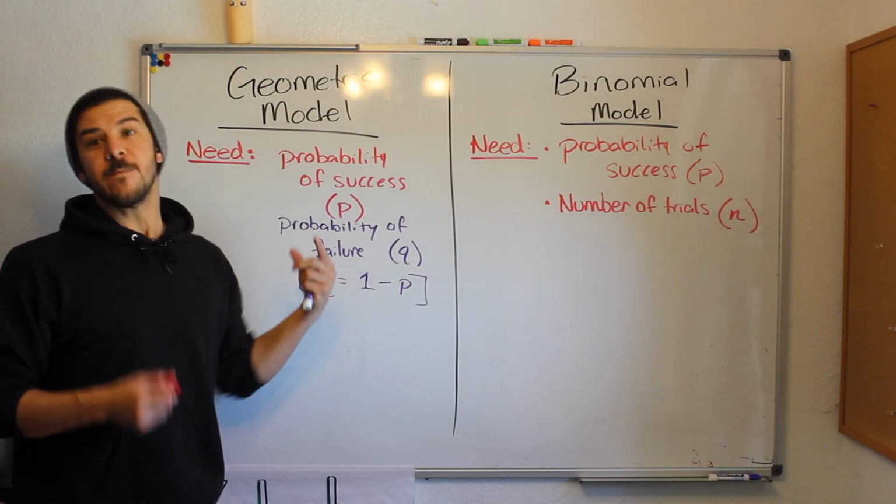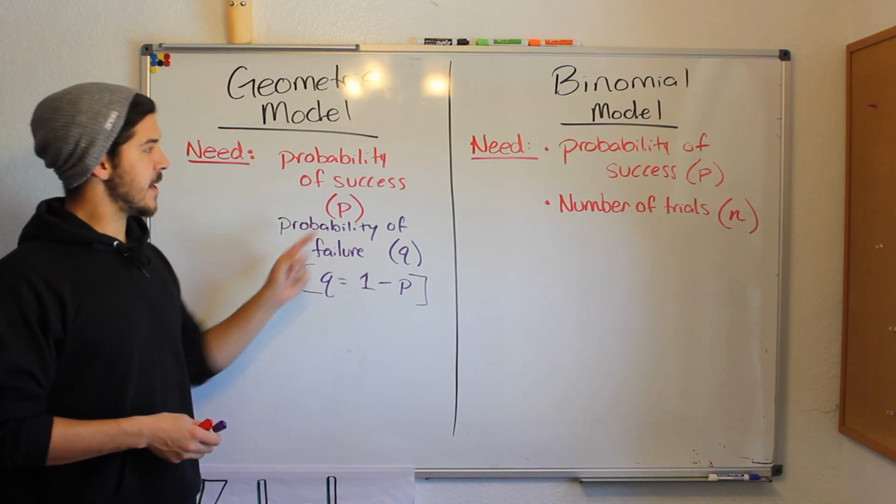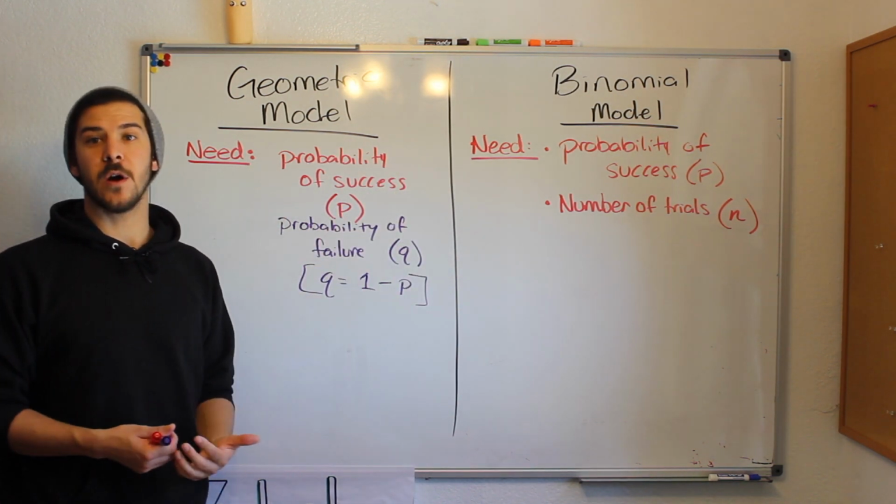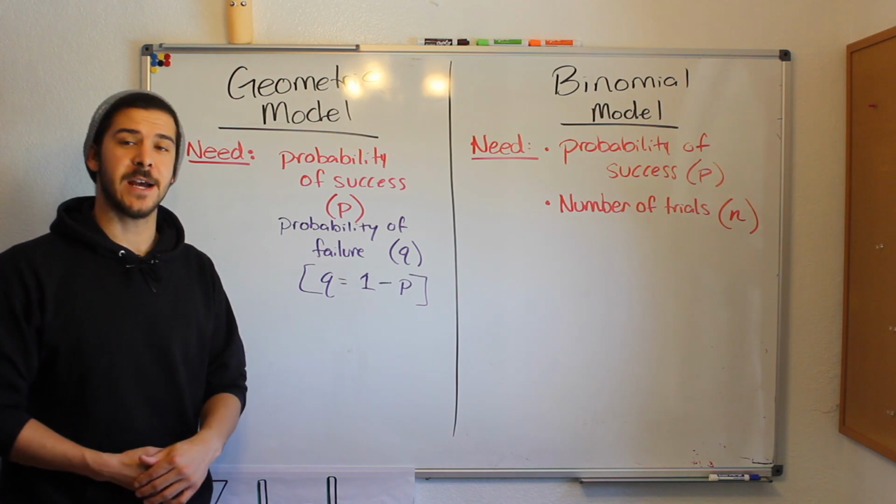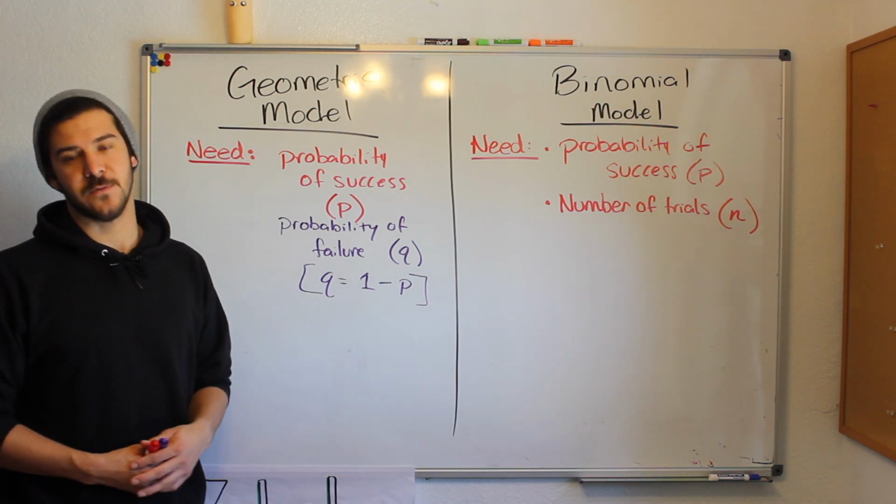With these two models, if we have this information, we're able to solve the problems using the formulas given to us in the chapter. Let me erase this and show you those formulas now.